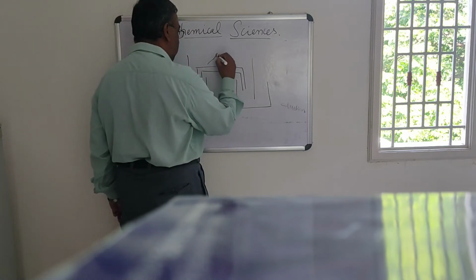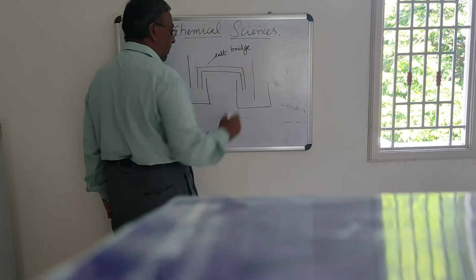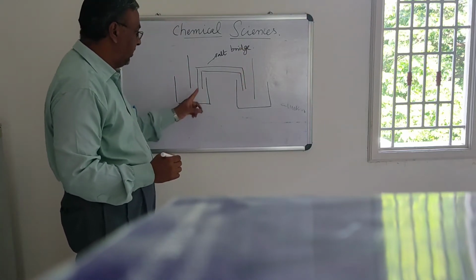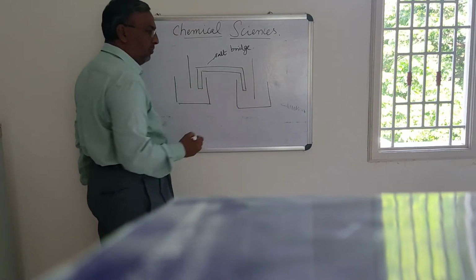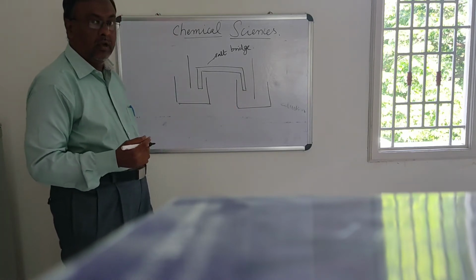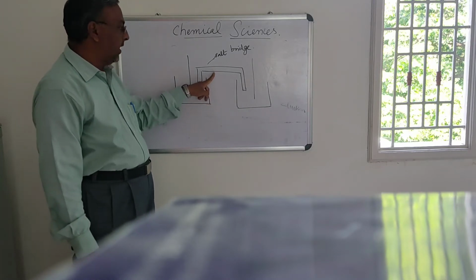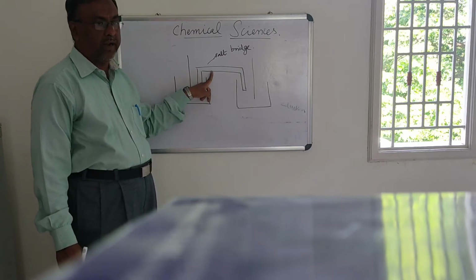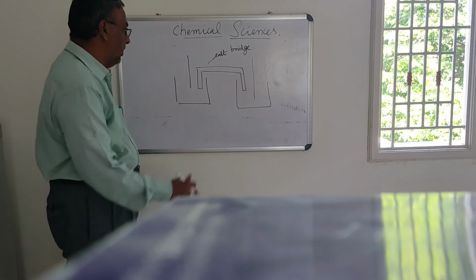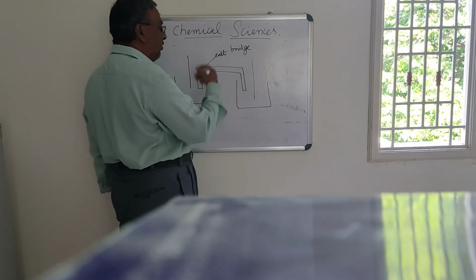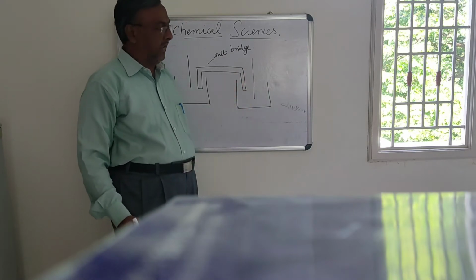This is called salt bridge. Actually, it is a glass tube filled with potassium chloride solution, agar mixed with potassium chloride or ammonium nitrate solution. It facilitates the movement of ions from one electrolyte to another.